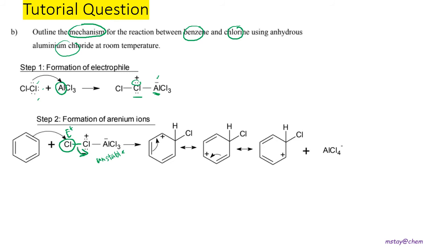When this happens, the bond will open and bond to the Cl. In this case, this carbon has 4 bonds, while this carbon only has 3 bonds. Don't forget, there is still 1 more bond to hydrogen. That's why the carbon at the top here will be positively charged.